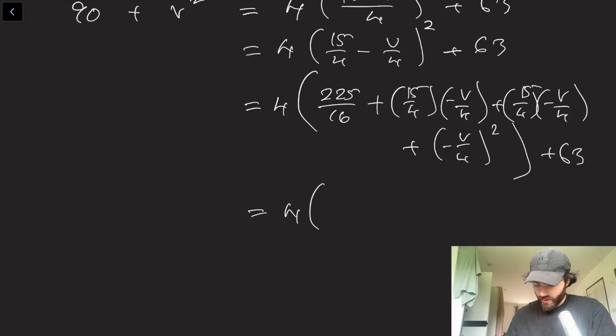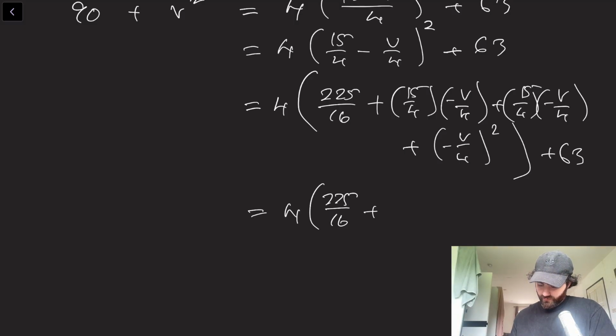So 4 times 225 over 16. And this thing will be, so we get a what? A minus 15V over 8 minus 15V over 8 will just be minus 30 over 8. Just double check that.